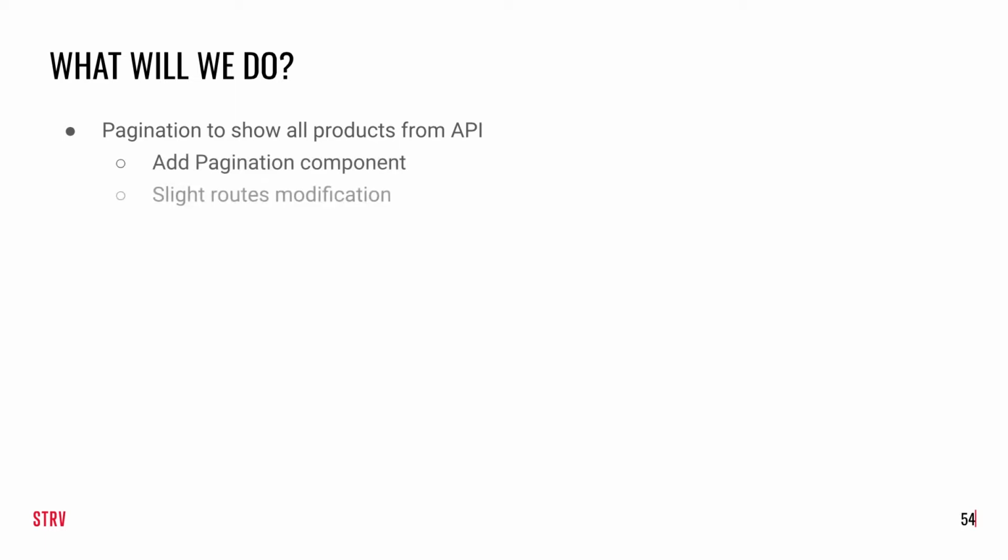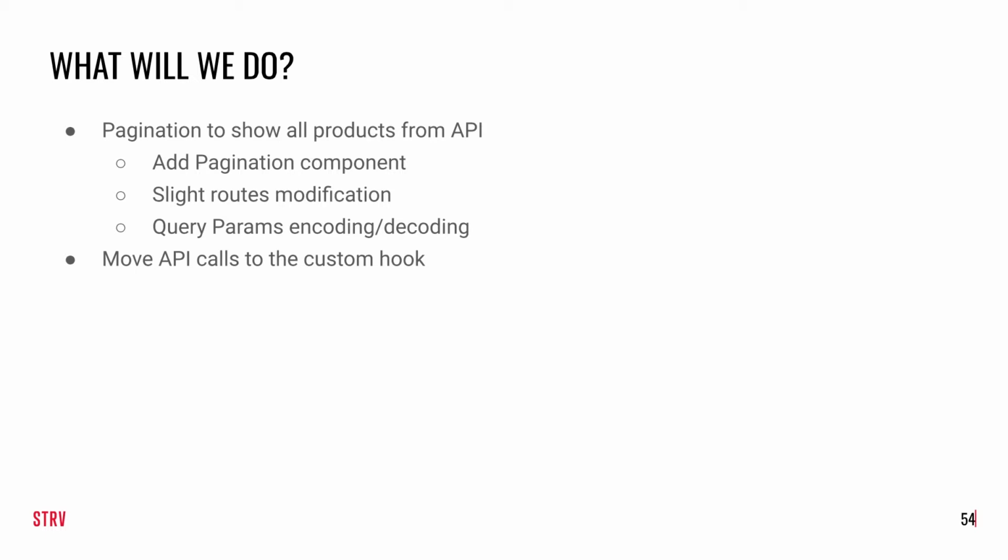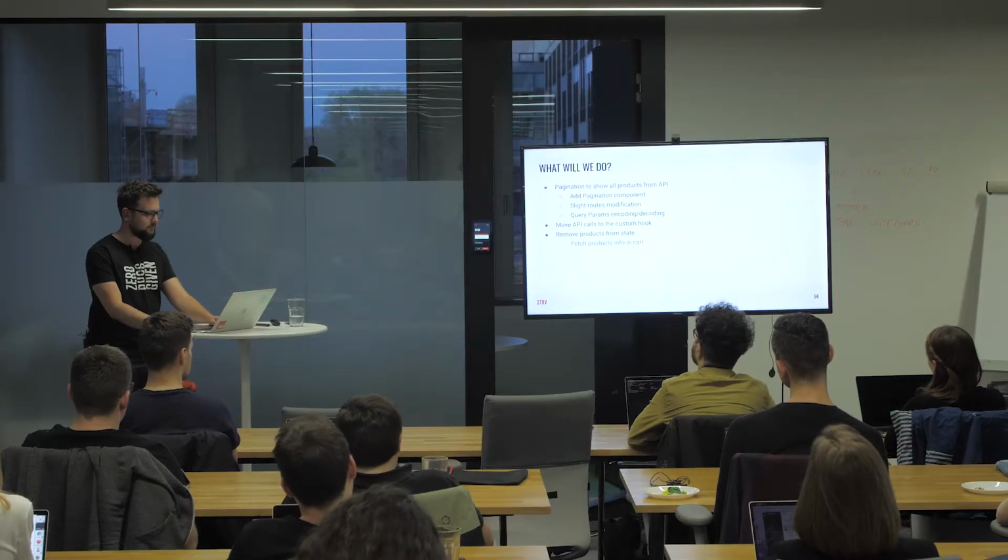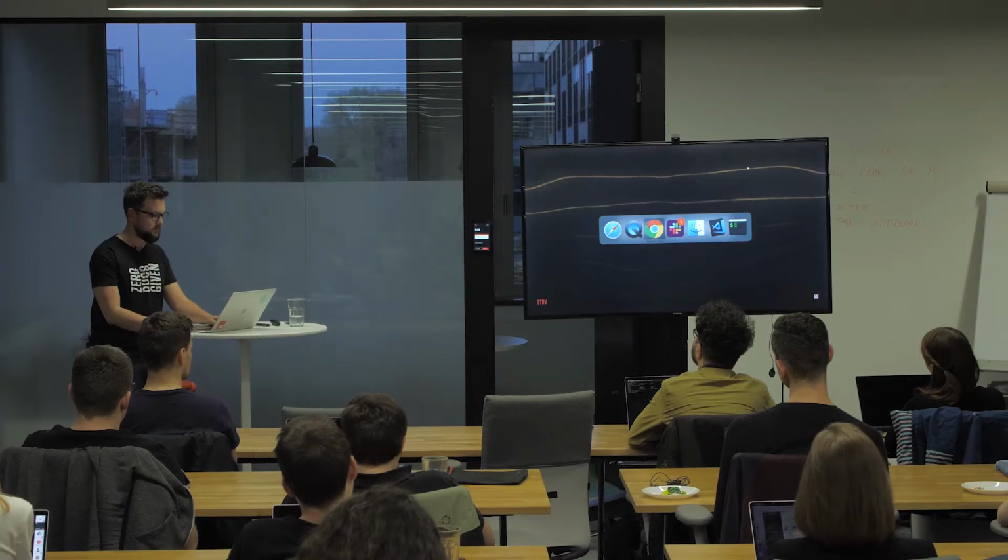So we will add a pagination component, maybe slightly change the routes. We will do some encoding and decoding of query params. We will move all API calls into hooks and remove products from state. So let's do it.